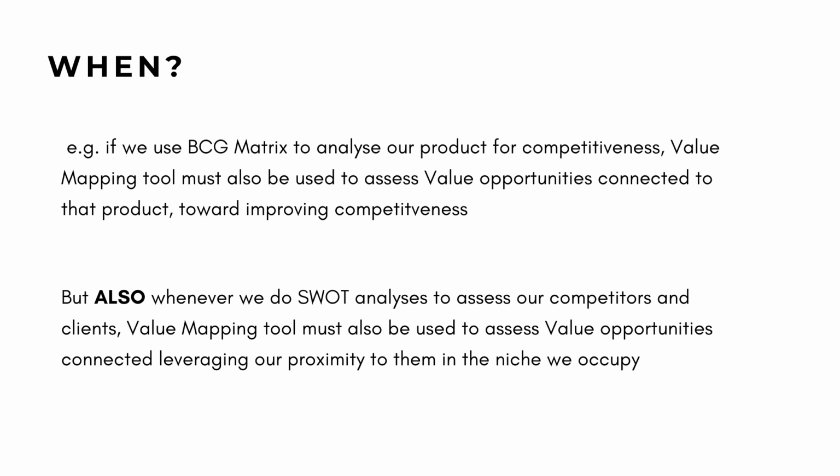So for example, if we're going to be using the BCG matrix to analyze our product for competitiveness, then the value mapping framework must also be used to assess the value opportunities that are connected to that product towards improving competitiveness. But at the same time, whenever we do SWOT analysis to assess our competitors and our clients, we must also be using the value mapping framework to assess value opportunities that are connected to leveraging our proximity to them in the niche that we occupy.